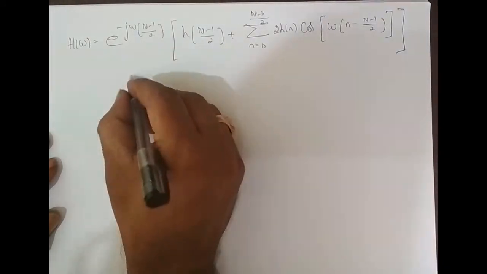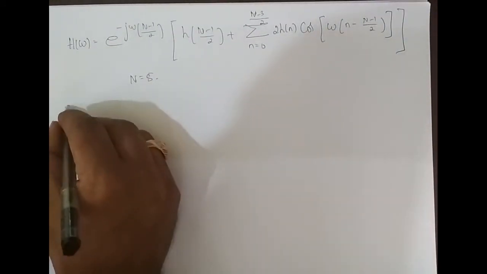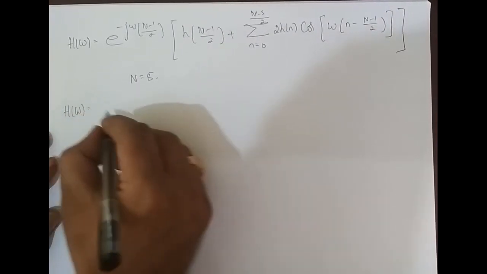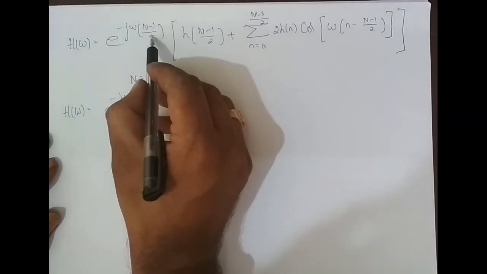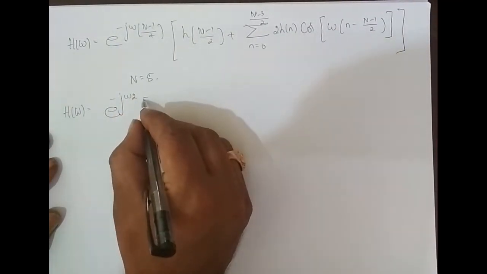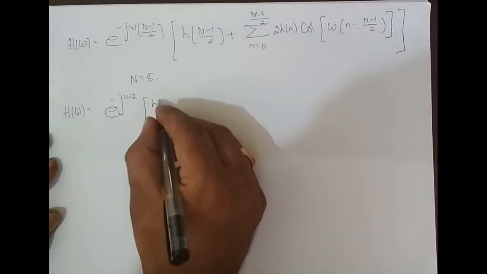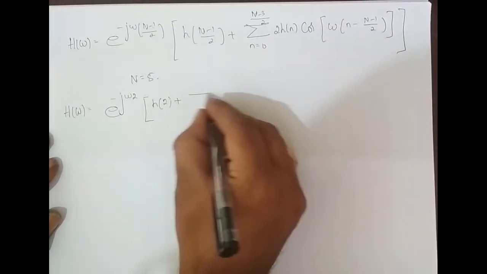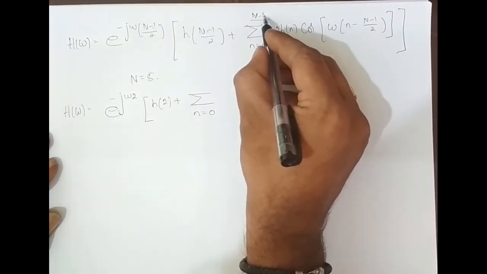So now n is what? The length is 5, right? So if I substitute the value of 5 here, h of omega is equal to e power minus j omega into 5 minus 1, 4 by 2 is 2, so e power minus j 2 omega into h of 2, this is 5 minus 1, 4 by 2, plus summation n varying from 0 to 5 minus 3 is 2, 2 by 2 is 1, right?